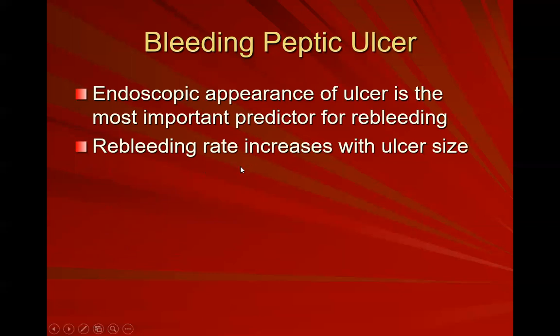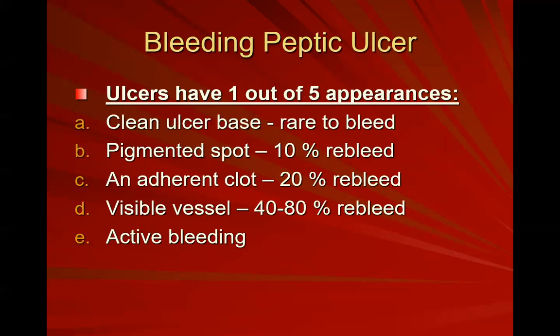So what determines the risk of rebleeding is the appearance of the ulcers in endoscopy. Okay. And there is a classification for that, and also the rebleeding rate is increasing with the ulcer size. So this is the classification for the appearance of the ulcers on endoscopy. The most benign thing is the clean ulcer base, and this indicates that the bleeding source has healed and there is no active bleeding.